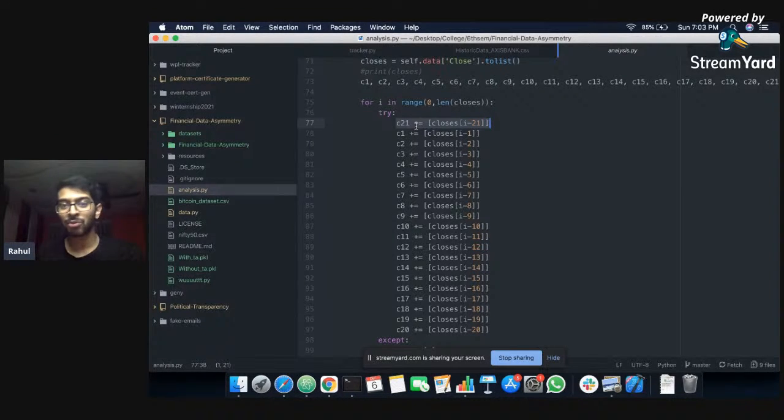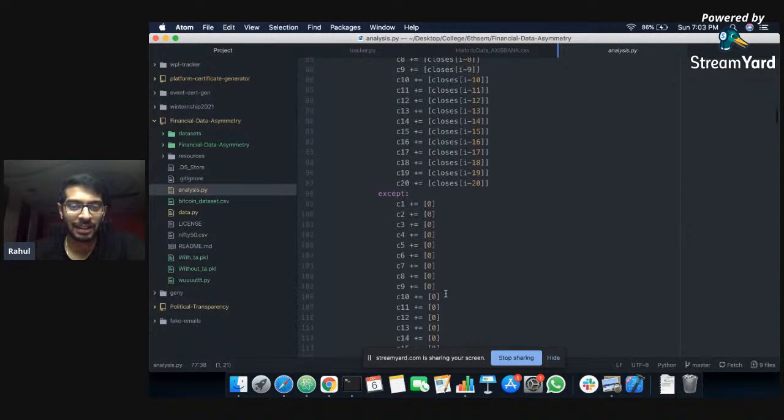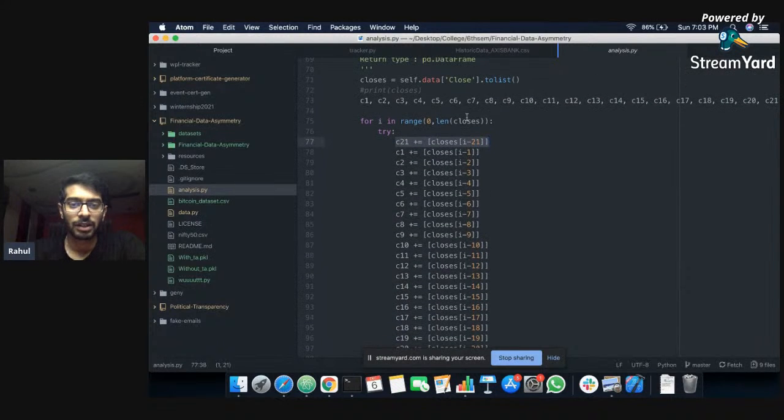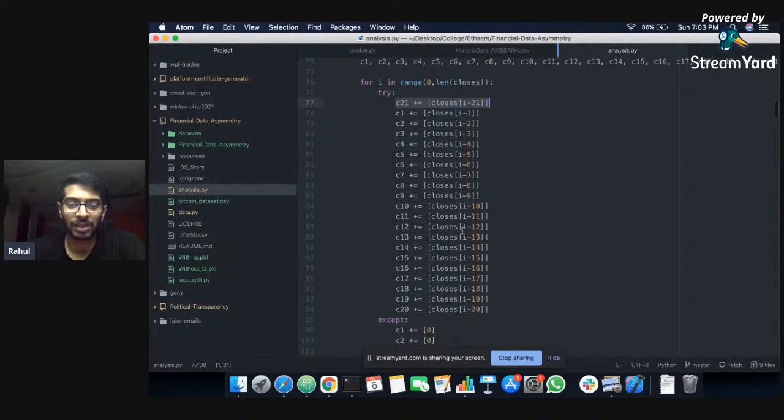And in case I don't have 21 days context information, I just want to store the whole 21 columns for that particular row with zeros. The reason I'm doing this in the very beginning is because if I don't have 21 columns, let me directly just store zeros, right? It would make more sense rather than computing all these things and then finding out that you don't have 21 days of data. It wouldn't make sense, right? So it's just wasting computational power. So I just put the statement in the very beginning to ensure that we don't do a lot of computations and we figure out whether we have 21 days of data present or not.